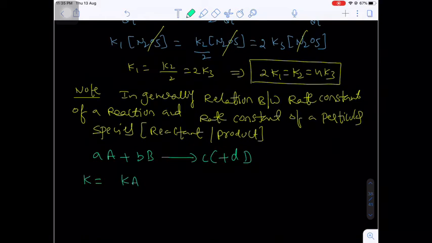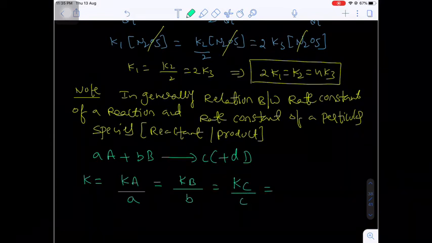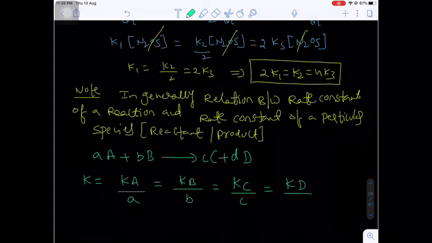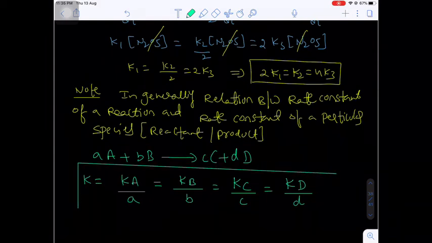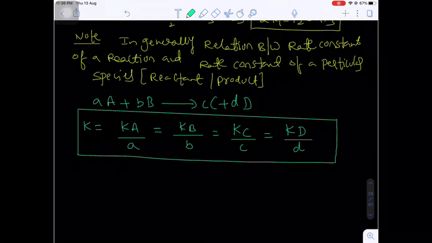Ka will be the rate constant of reactant A. Now what is the stoichiometry of reactant A? Small a, that should be written in the denominator, and the rate constant of reactant B, Kb, divided by its stoichiometry. Rate constant of product C, that is Kc, divided by stoichiometry small c, and rate constant of D, that will be Kd, divided by stoichiometry small d. So this is a very important relation regarding the rate constant of a reaction and the rate constant of a particular species, whether it is reactant or product.